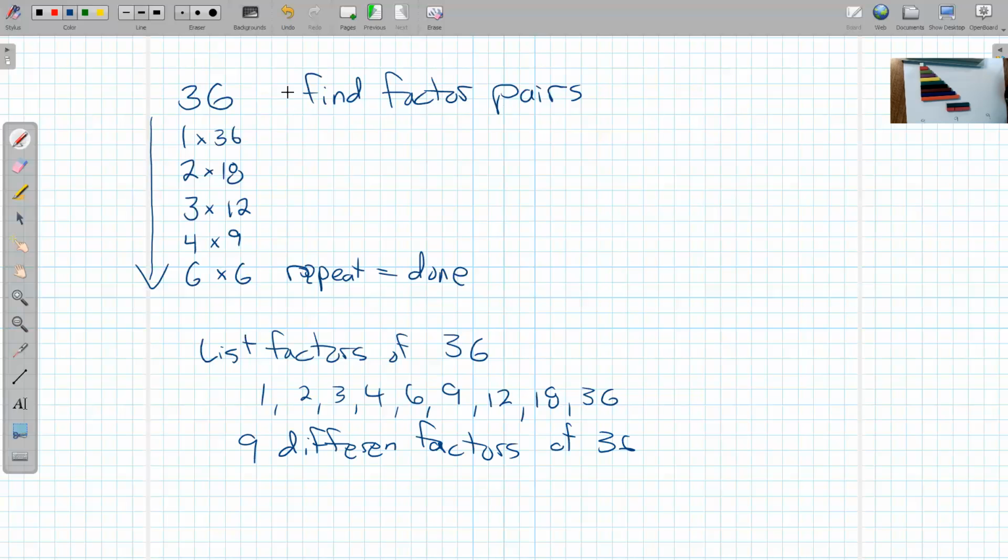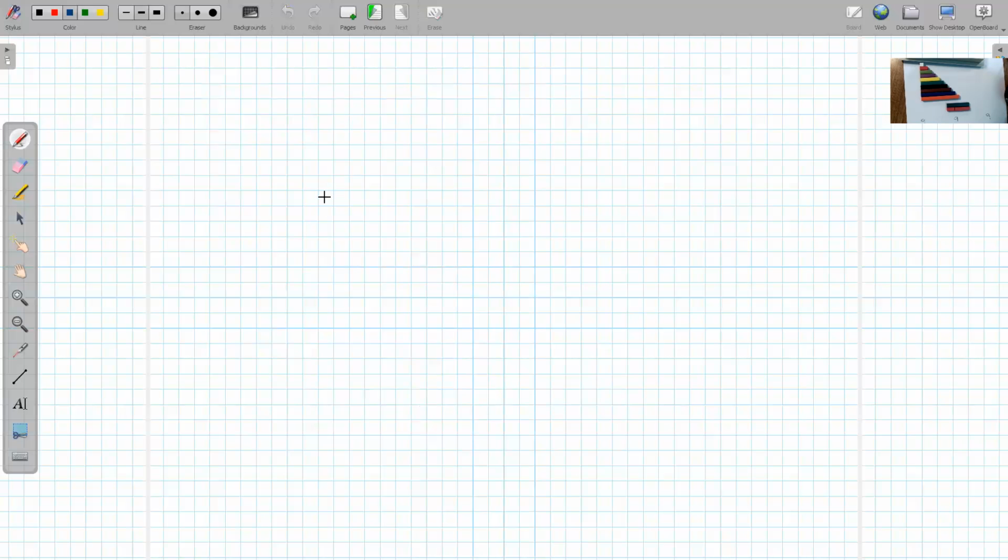All right, so again, factor pairs, let's try it on another number. Did we do 51 in the last class? I can't remember. That sounds familiar. Let's do it now anyway.